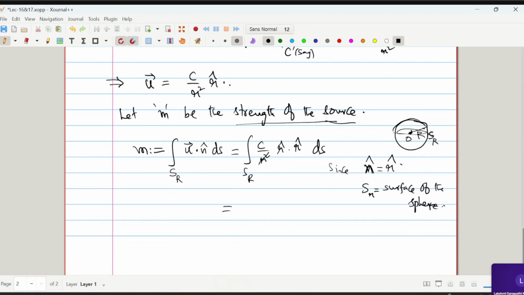So this will give me, what do you get? I didn't cancel it anyway. So this is your r square. C by r square will be as it is, right?